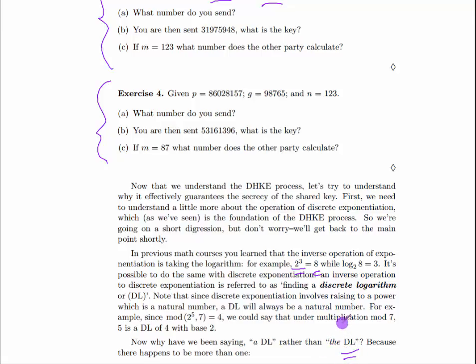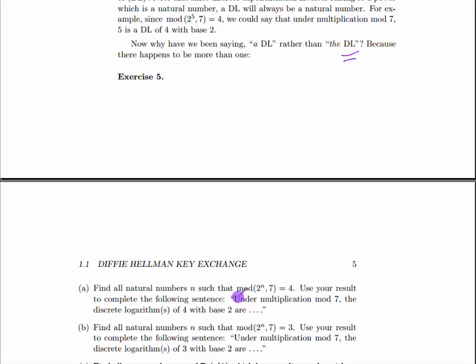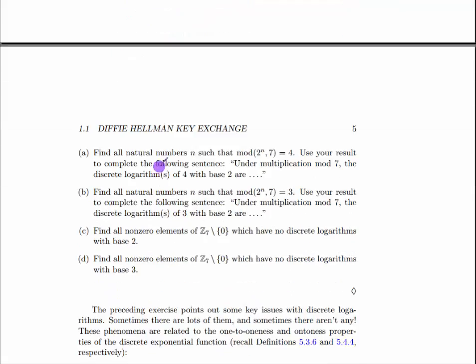When we talked about functions, functions can have inverses only if they're bijections. And in this case, the discrete exponentiation is not always a bijection. So in this exercise, we look at some case where, in fact, the discrete exponentiation is not a bijection, and we don't have a single inverse for each value. So you can take a look at how that works out.